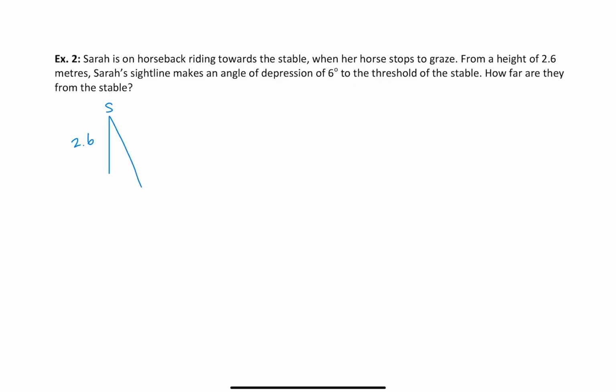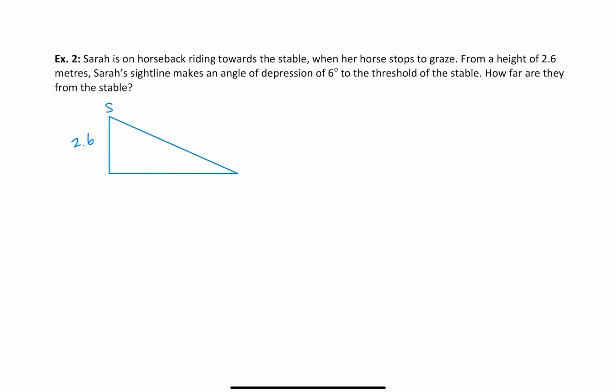6 degrees is actually going to be quite small. I'm going to make our triangle a little bigger. So it makes an angle of 6 degrees to the threshold of the stable. So, oops, sorry. I shouldn't have drawn it like that. I should draw it like this. That's much better.